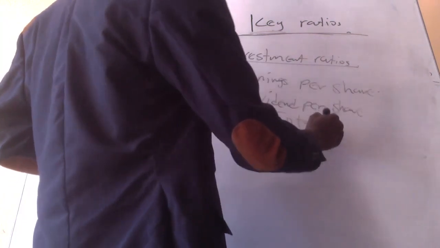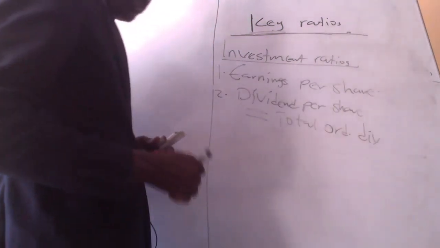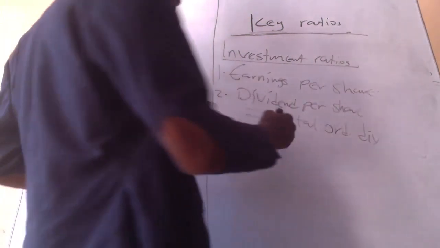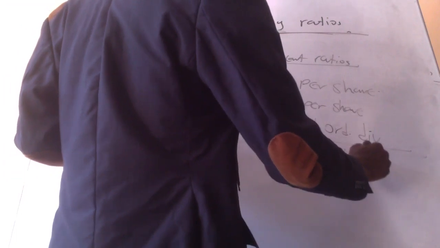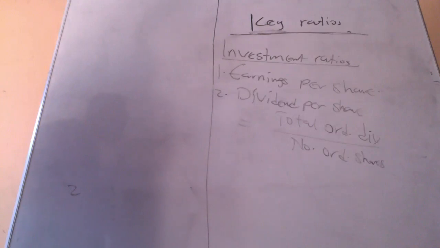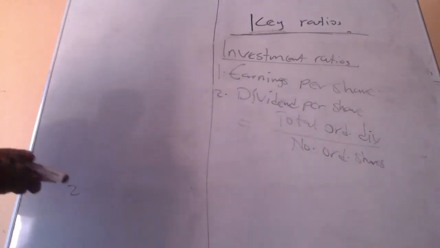So total ordinary dividend, divided by the number of what? Ordinary shares. So take note. Good. So that is the formula for finding dividend per share.